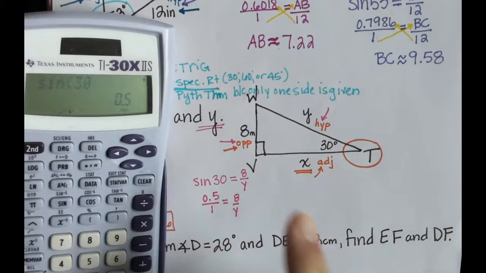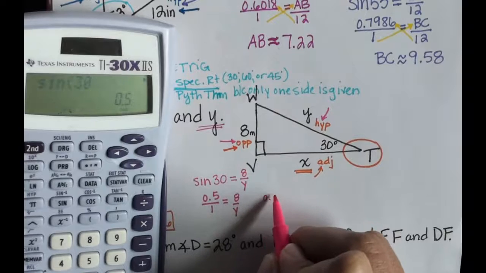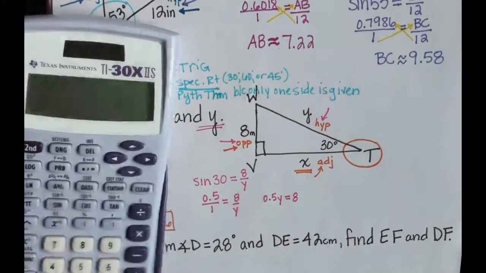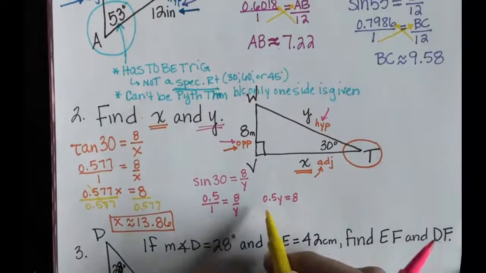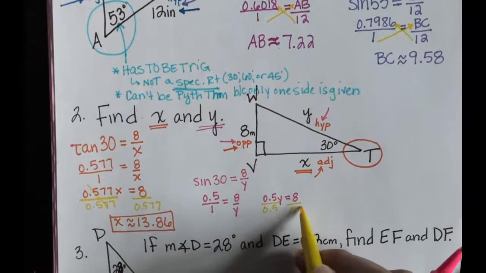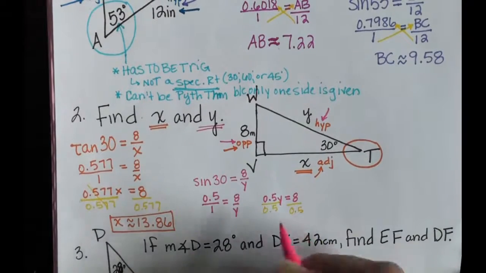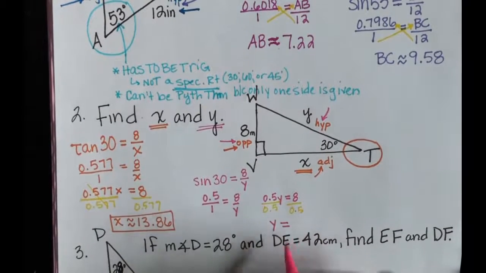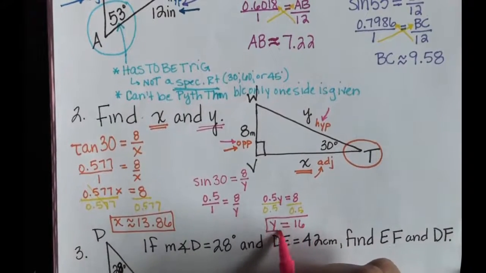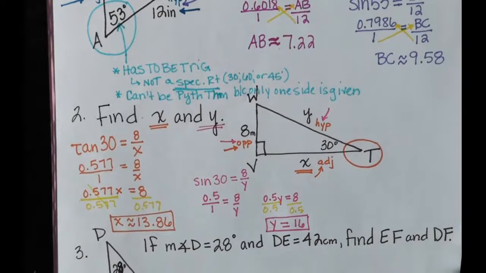We are going to cross multiply, and we do get 0.5y equals 8. When we divide both sides by that 0.5, you end up with y equals 16. And it is equals because it is an exact value.